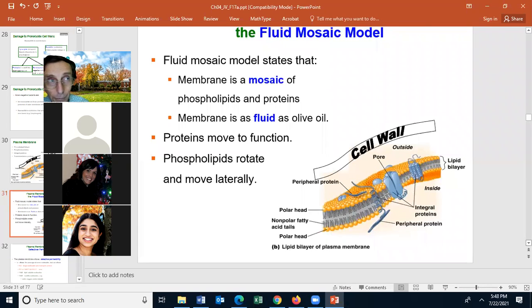The exceptions are when the protein is anchored inside or outside the cell. If the protein is anchored, like this protein here, anchored to the cytoskeleton, we'll talk a little bit about that later. It's a network of proteins running throughout the cytoplasm of the cell. If that protein is anchored to the cytoskeleton, it's not going to move, okay, because it's anchored in place.